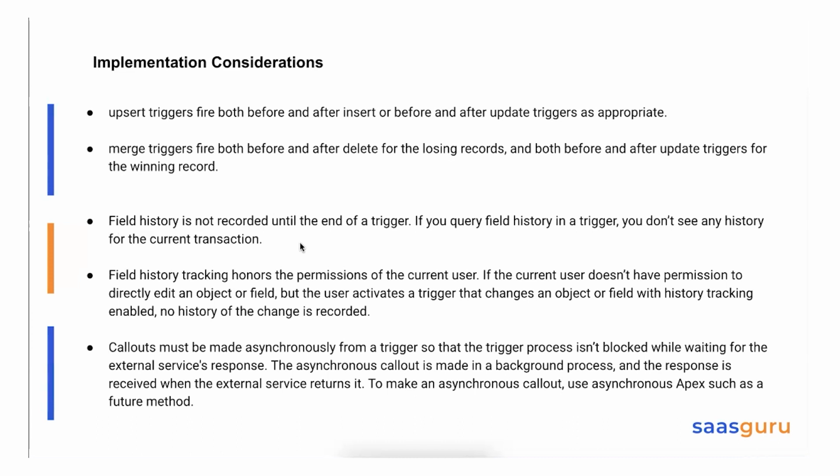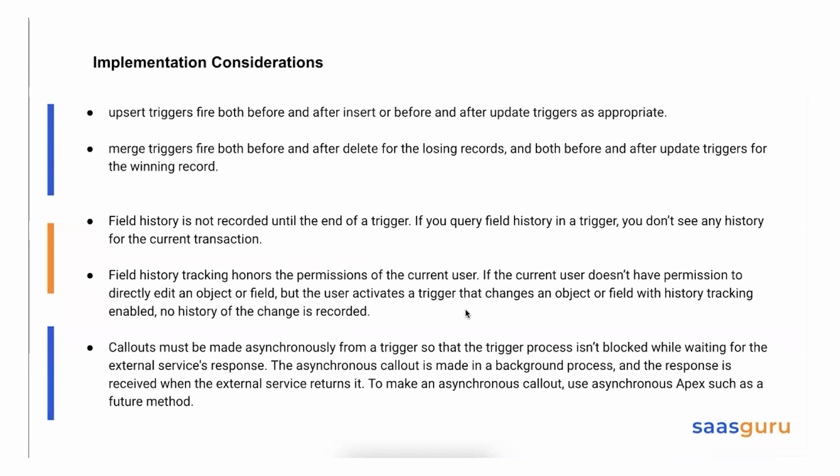One important point: field history is not recorded until the end of the trigger. If you want to query field history, we have a specific object for tracking field history, but you can't get the data in the before insert. Field history is only recorded once the commit has happened.